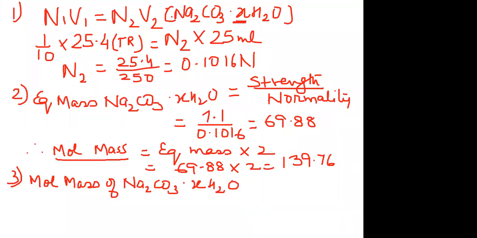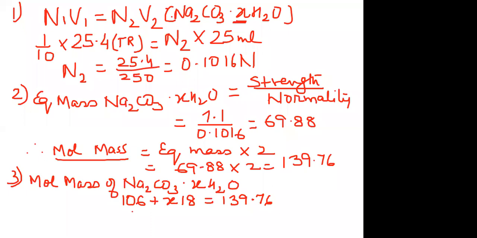molecular mass for sodium carbonate is 106. Plus, in this case for water it is 18, so I will write X into 18, and this should equal 139.76.